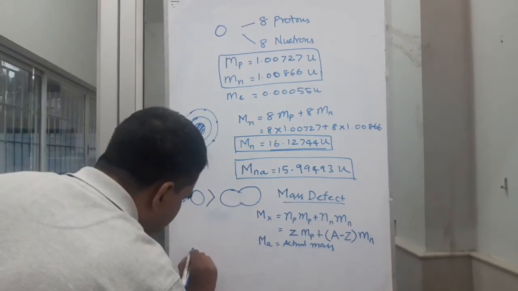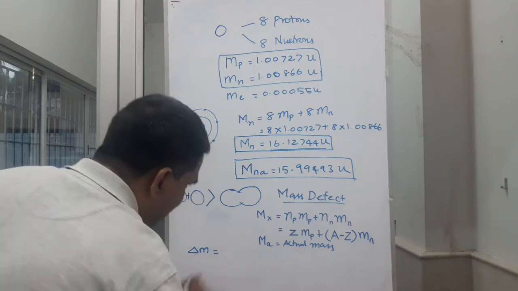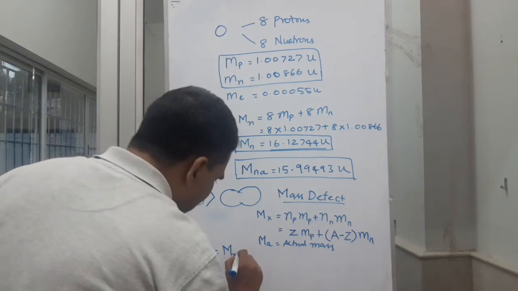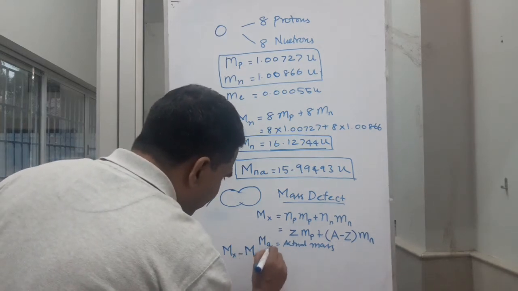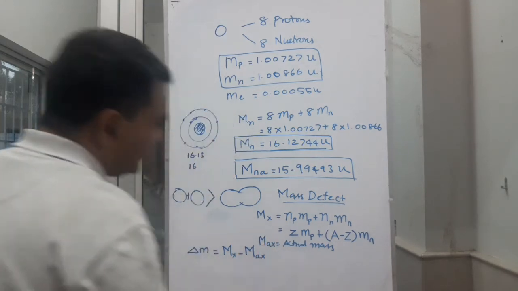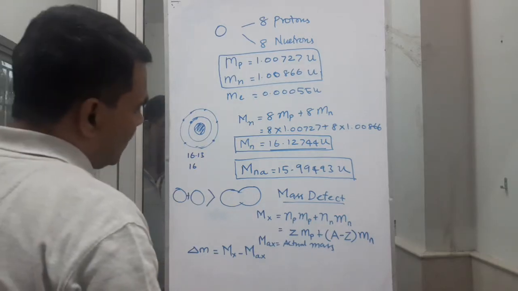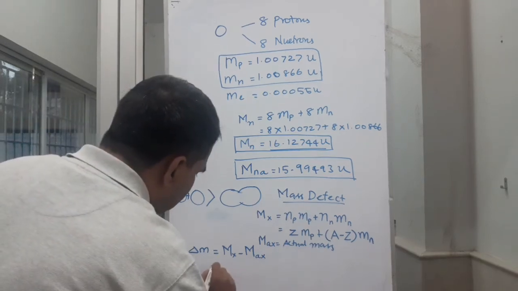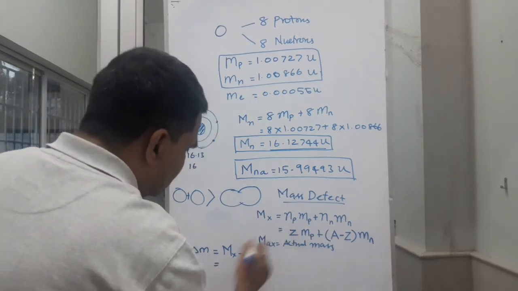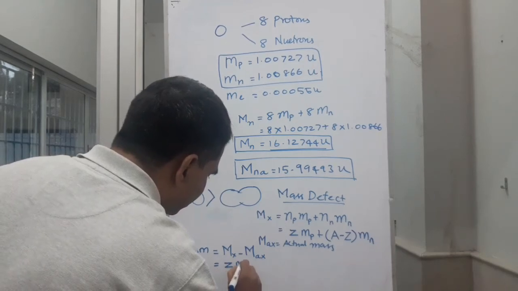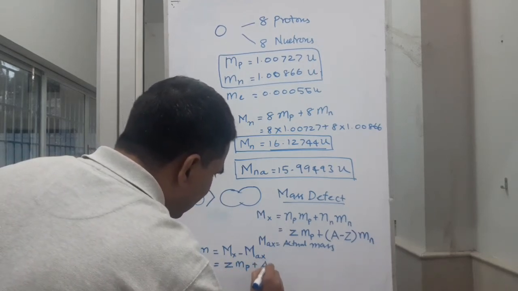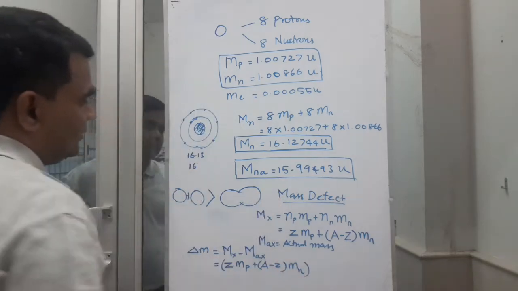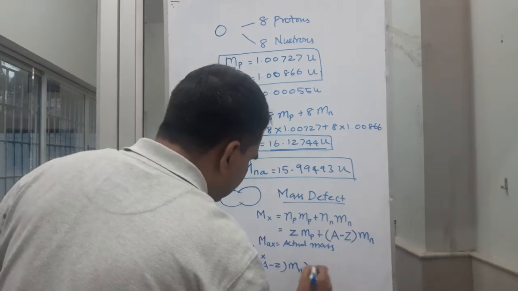So the mass defect delta M is equal to the mass that you expect for the element X, Z Mp plus (A minus Z) Mn, minus the actual mass of the element X, AX.